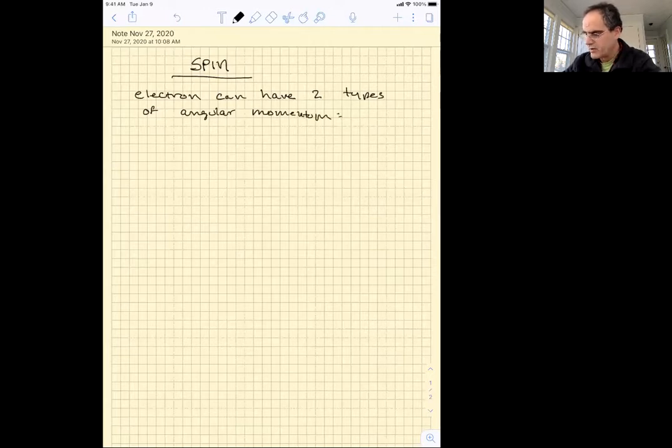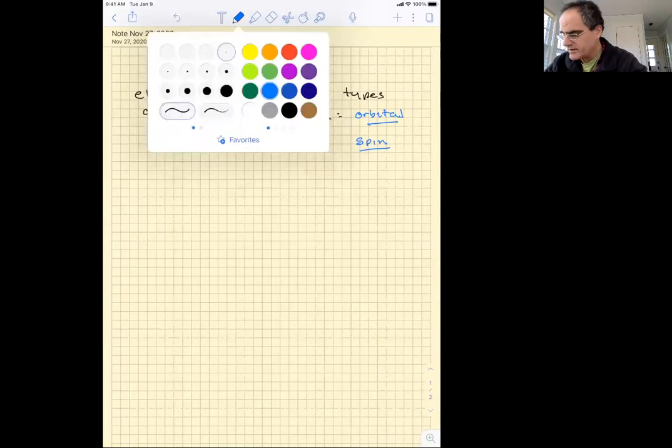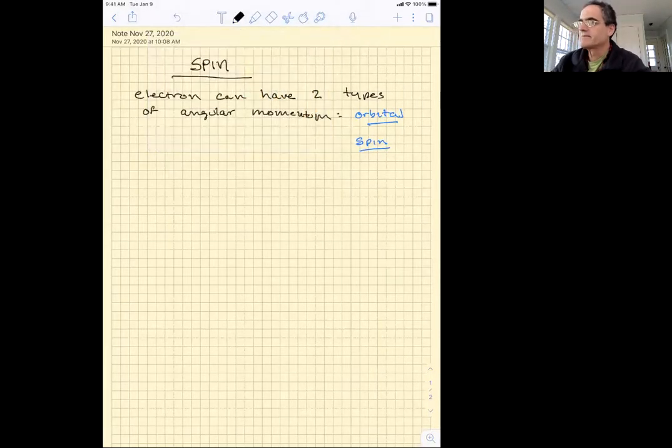And these are orbital angular momentum and spin angular momentum. And both of these are important for determining the properties of atoms and particularly for determining atomic magnetism.